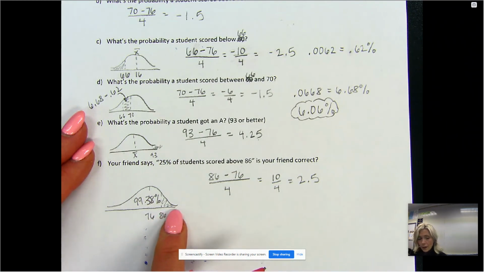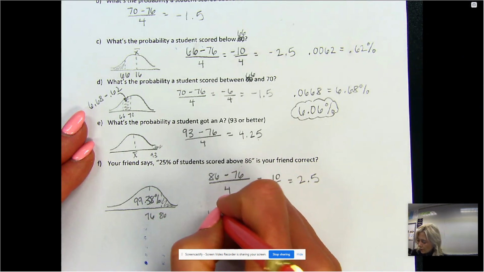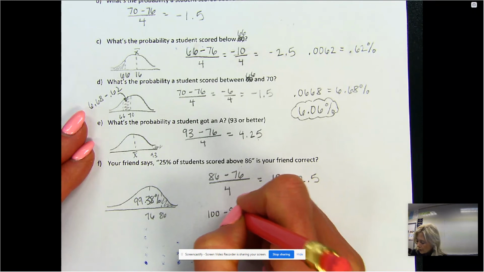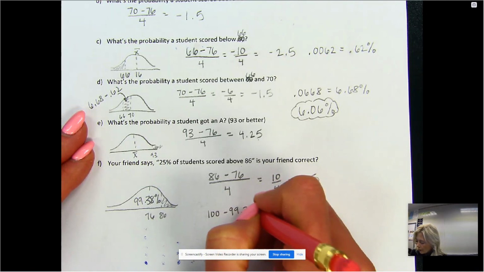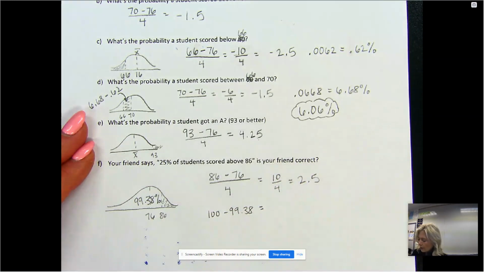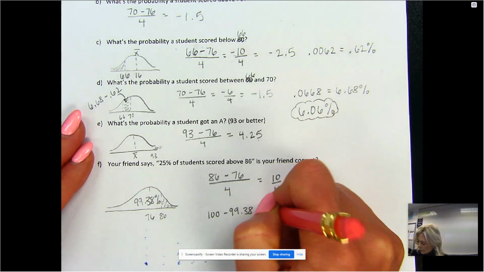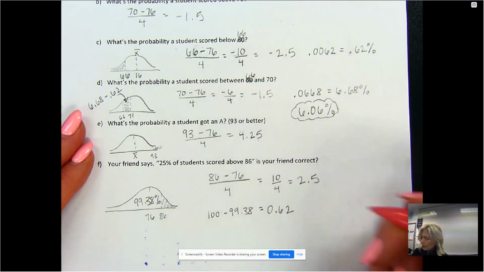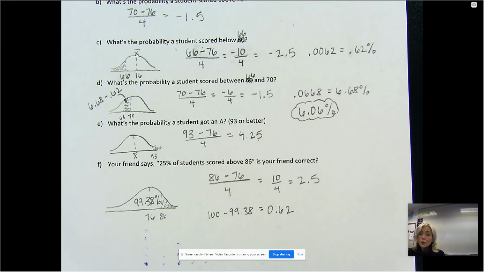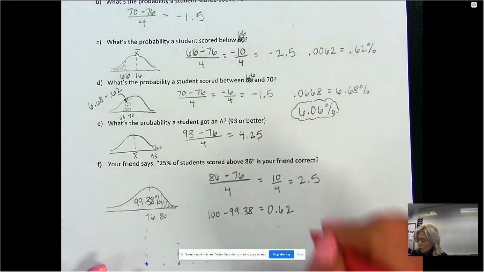So above 86 would be 100 minus 99.38, which is like less than 1%. 100 minus 99.38 is 0.62. So your friend is not correct.